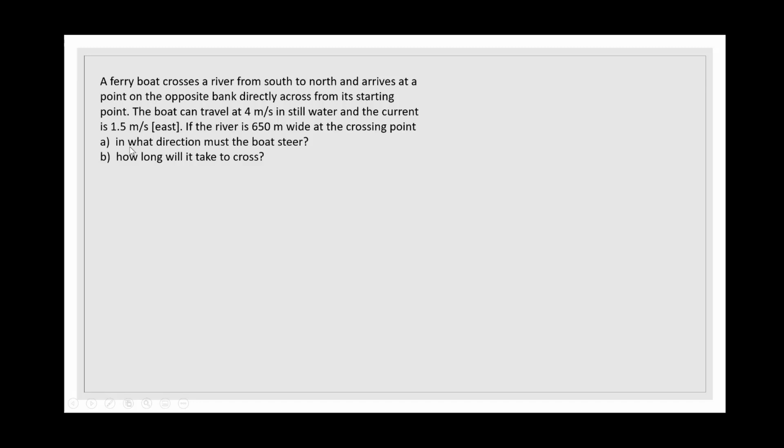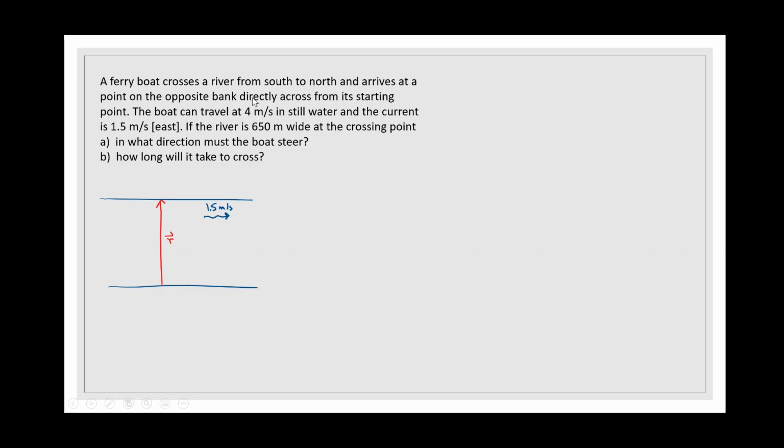And there's 2 parts to the question. Part A, what direction must the boat steer? And part B, how long will it take to cross? So suppose our river is going this way. We have the direction of the current east at 1.2 meters per second. We know that the resultant of what actually truly happens is that the boat goes directly across.